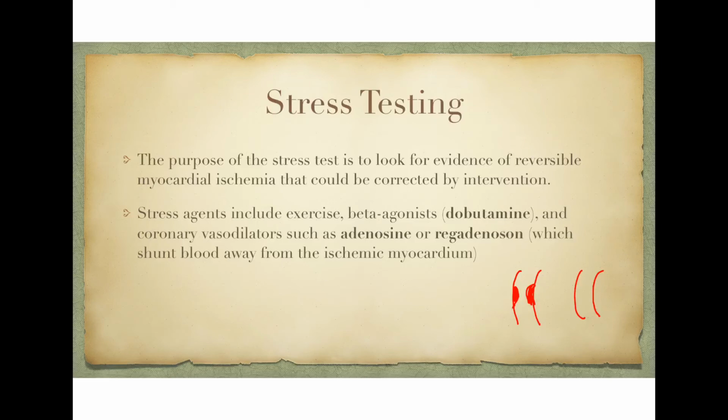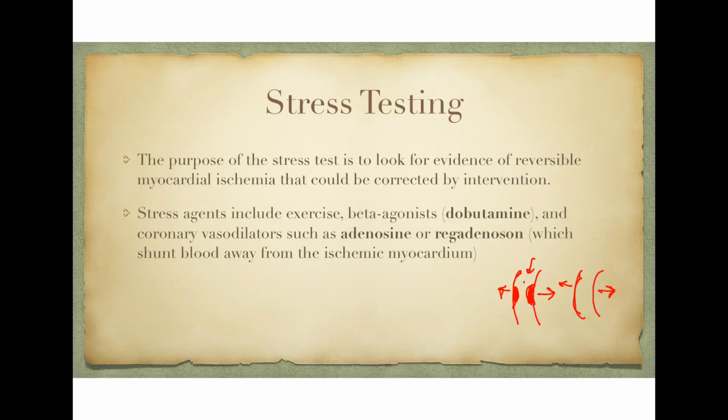The normal response of the heart would be to vasodilate this artery as much as possible in order to stretch it out and create an opening enough for blood to flow properly. And so blood would be shunted preferably away from the healthier artery towards the less healthy artery so that it can overcome this obstruction. Now, by giving a coronary vasodilator, you're dilating all the arteries equally.